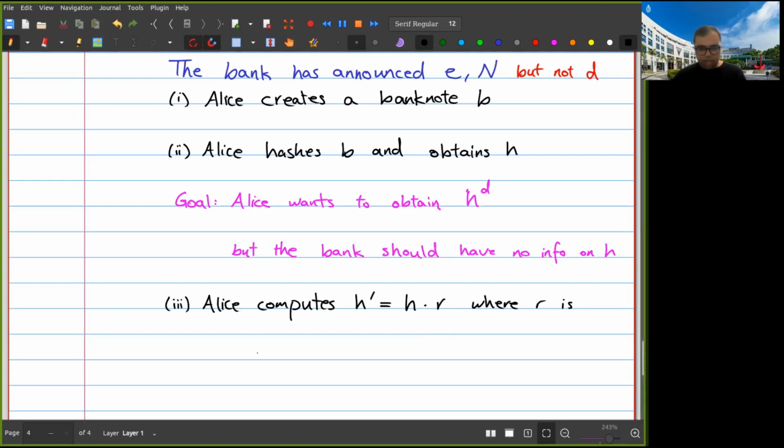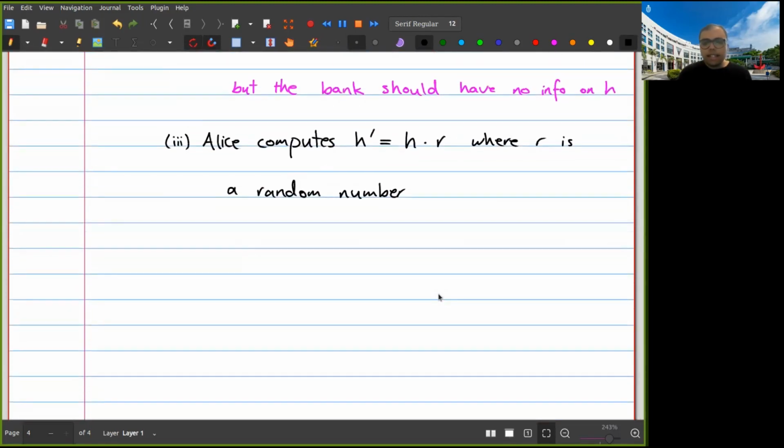And again, of course, modulo N. Then let's say that Alice sends this H prime to the bank to sign. Let's say that the bank just signs whatever garbage we give it. The bank doesn't care that the string we're giving it doesn't look like a banknote or the hash of a banknote or whatever. The bank just deducts 100 Hong Kong dollars from Alice's account and signs it.